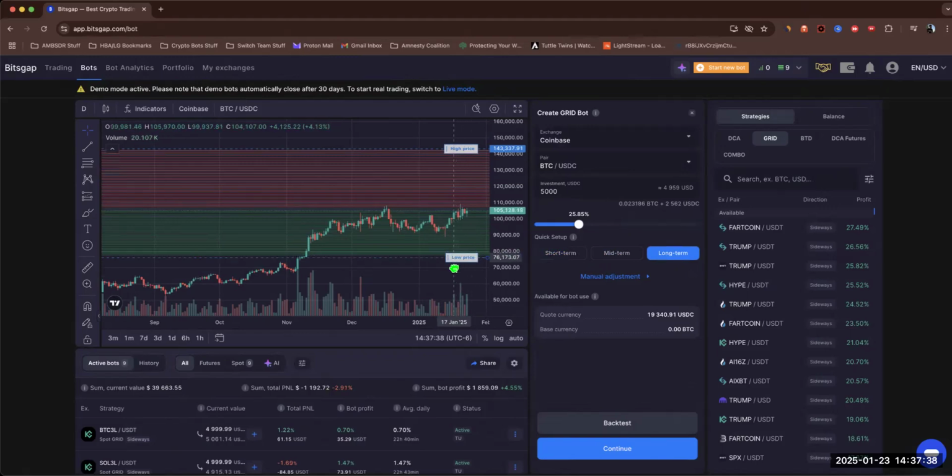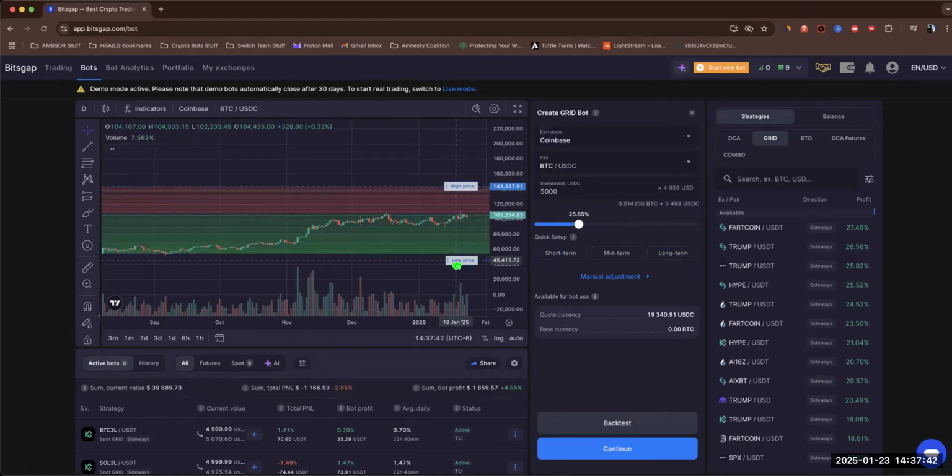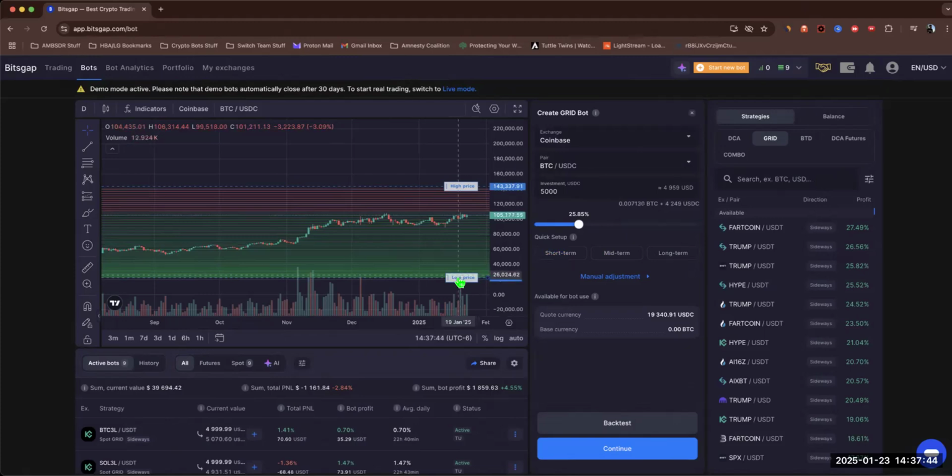So, you could even manually click and drag the low price down. I'm not saying this, but if you are looking at the price and you're saying, oh, it's 105 and maybe I think it might go up to 140, you're going to decide this on your own.